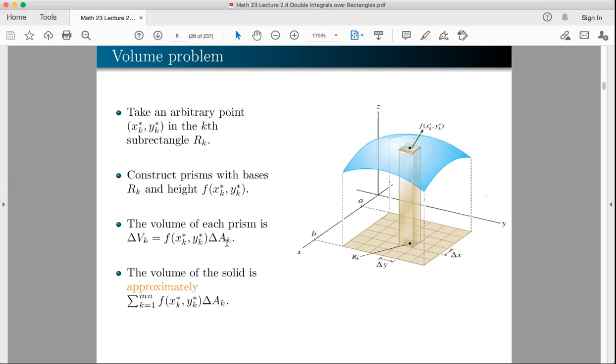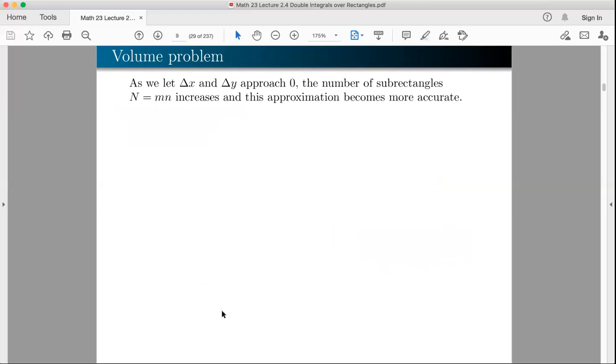So the volume of the entire solid is approximately the sum of the volumes of the rectangular prisms, and it is given by this Riemann sum. If we increase the number of subrectangles by increasing the number of subintervals, then technically delta x goes to 0 and delta y goes to 0, or in other words, the value n, which is equal to m times n, the total number of subrectangles, goes to infinity.